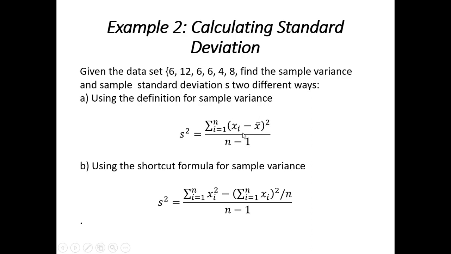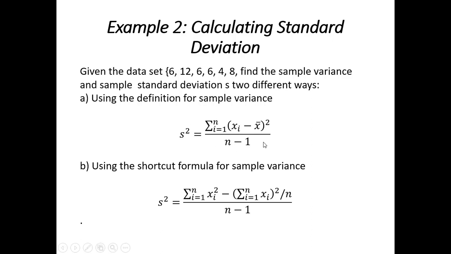These values here in parentheses are sometimes called the deviations, and then we look at the deviations squared. So these should all be either 0 or positive. We sum that up and then divide by n minus 1. Okay, so that's our definition. It gives us sample variance. And if we want the standard deviation, we would take the square root of this.